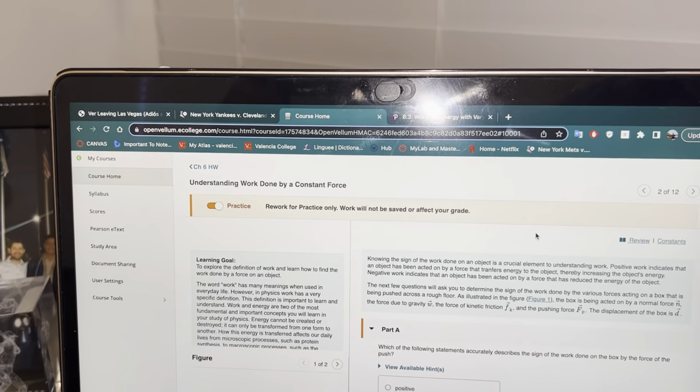So the angle here is gonna be 0, there is no angle on it, so it's gonna be multiplied by 1, so W is equal to W sine theta times the distance. So basically I'll say we're down here.